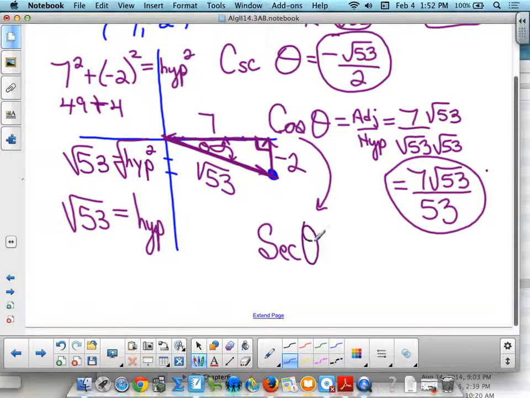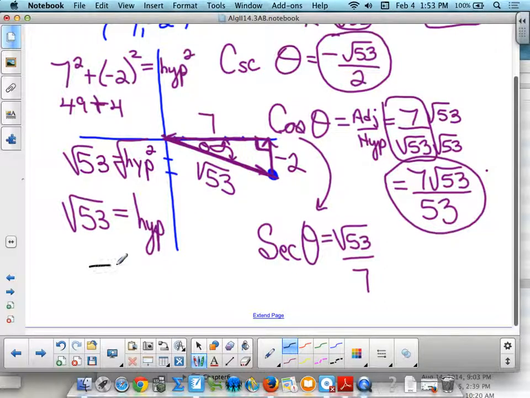Secant of theta. You either flip this or you flip the original answer. I'd flip that. Square root of 53 over what? 7. Good? Yep.